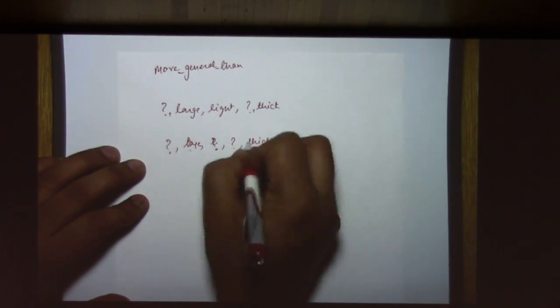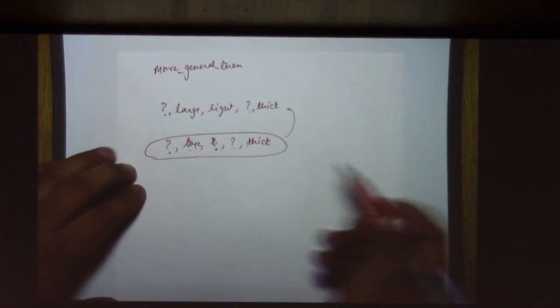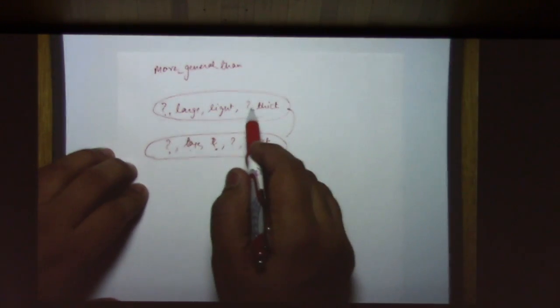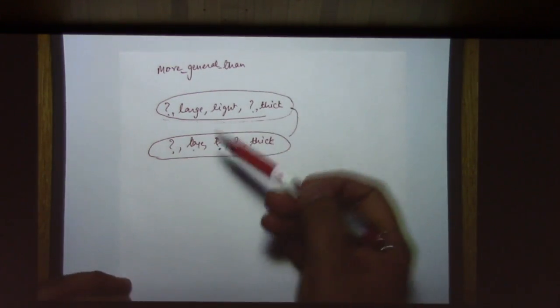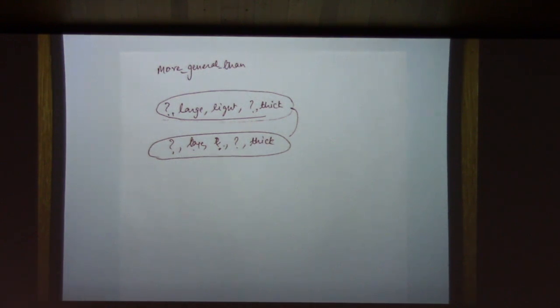So we say that this hypothesis is more general than this one. Why? Because whatever objects this is going to call positive, this is also going to accept, and this is going to accept some more, right? So this is more general.